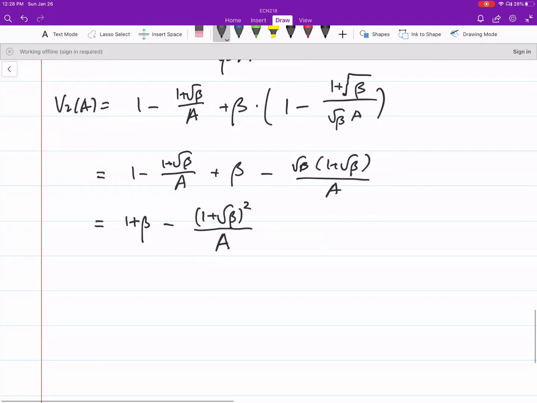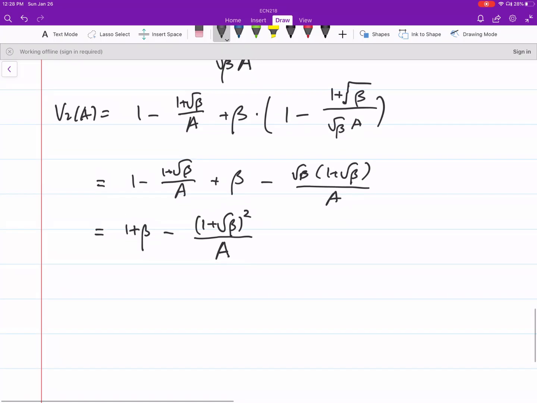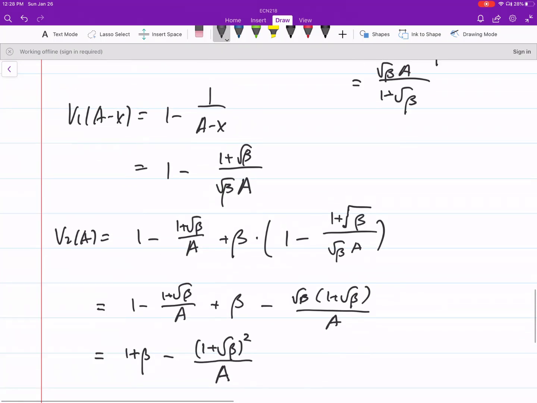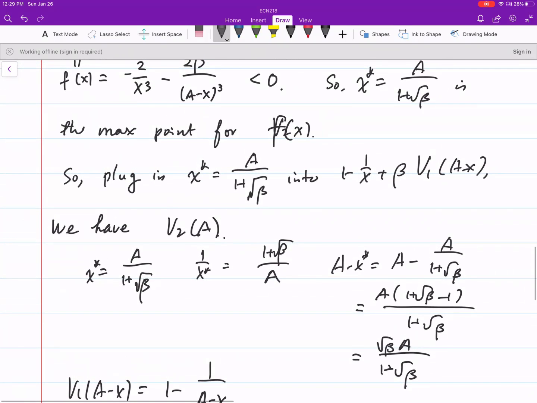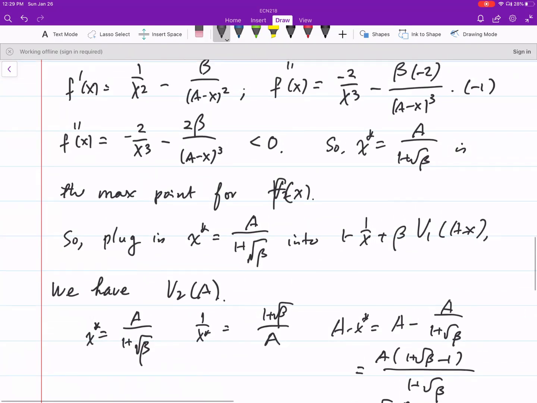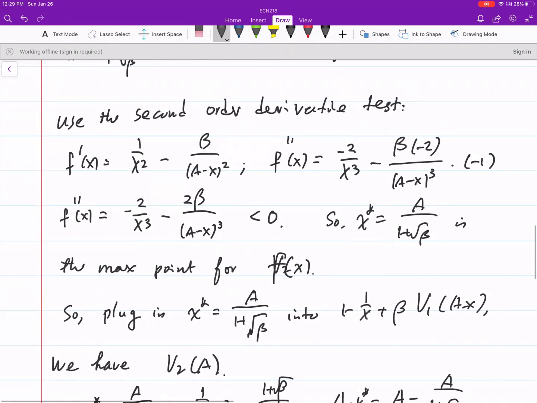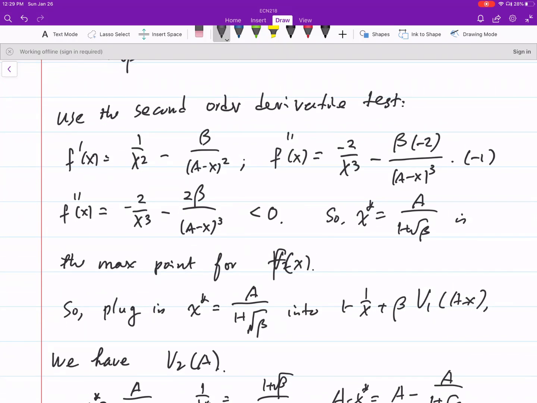Now, let's look at what we have for V1 of a and V2 of a, and also try to simplify the notation. Let's go back over here because you have seen in the notes that we introduced another parameter alpha. The motivation to introduce another parameter is over here.